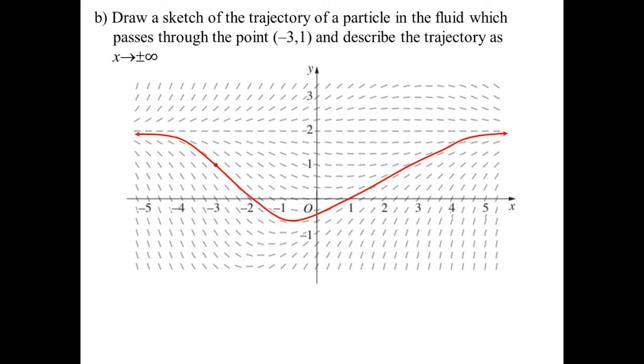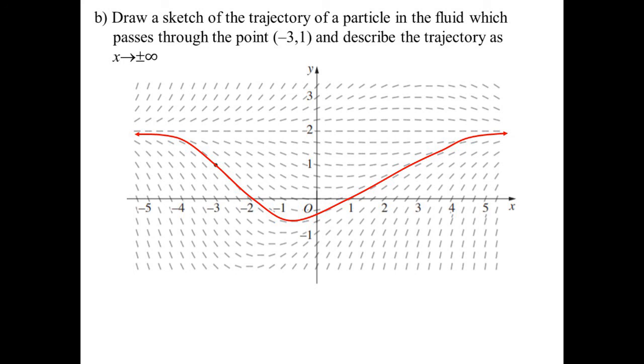I know it's got to go through that point there, so I keep going, down, down. Now, when I come down to around here, these slopes are starting to turn up, so I know there's got to be a turning point here somewhere. It looked like that was horizontal to me, so that's where I'll put the turning point. And then we'll come back up and go asymptotic again.